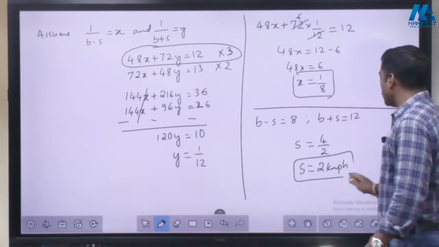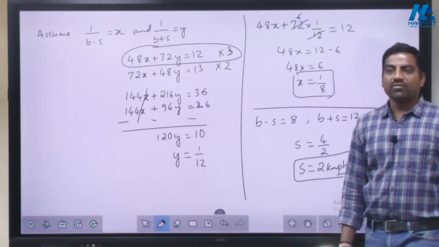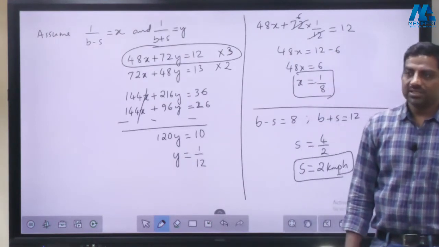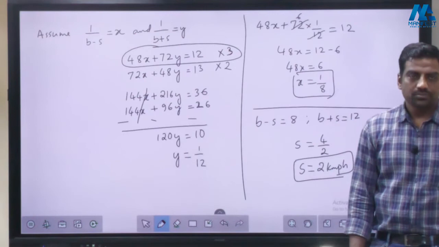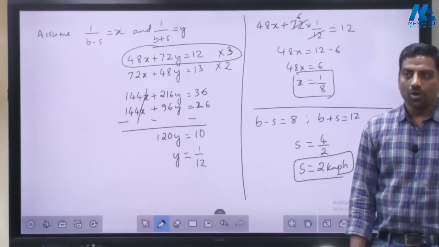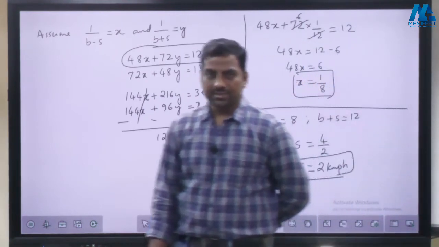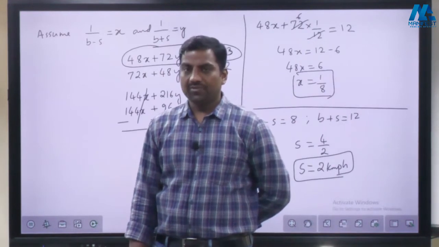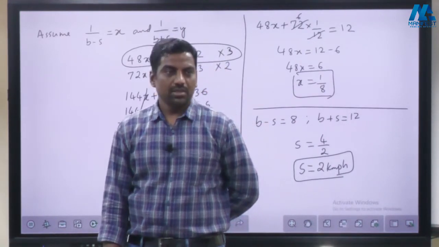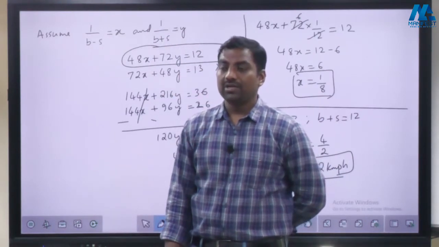Yes, I know this is one of the toughest problems, because the journey will not end with B and S. We have to assume x and y for B and S. But when in the problem you don't have the values for both B and S, and they come in the denominator, like B plus S and B minus S, then it will take longer time.